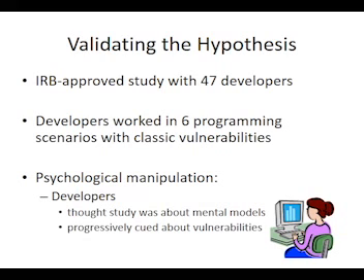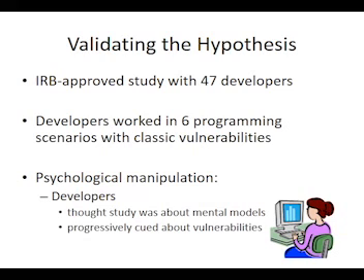So then we did an IRB-approved study with 47 developers. For those who are not familiar with the IRB, who is familiar with an IRB? Okay, it's pretty much everybody. Every institution has an institutional review board that checks whether the study is ethical and not harming the participants.